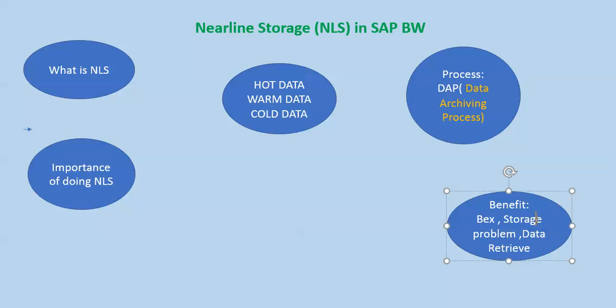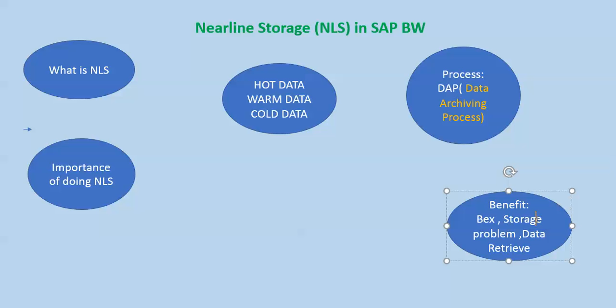But you can see the data from the report. Suppose you have archived the last 10 years of data; in reporting, if you choose that period and select the archive option, you can see the data.